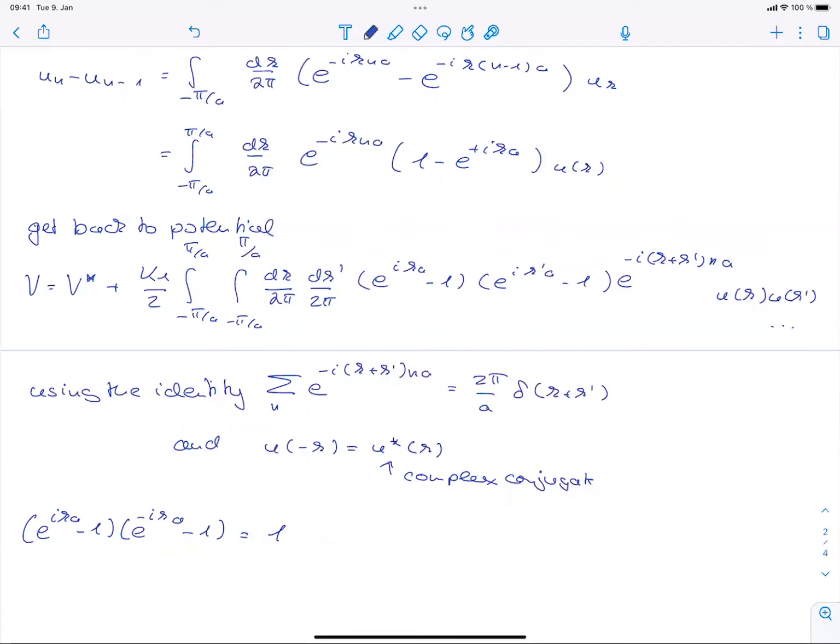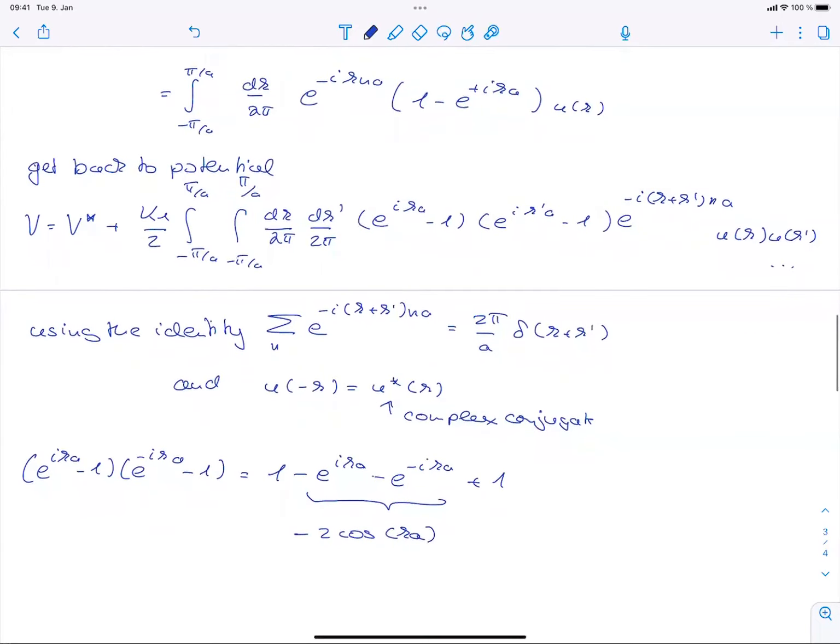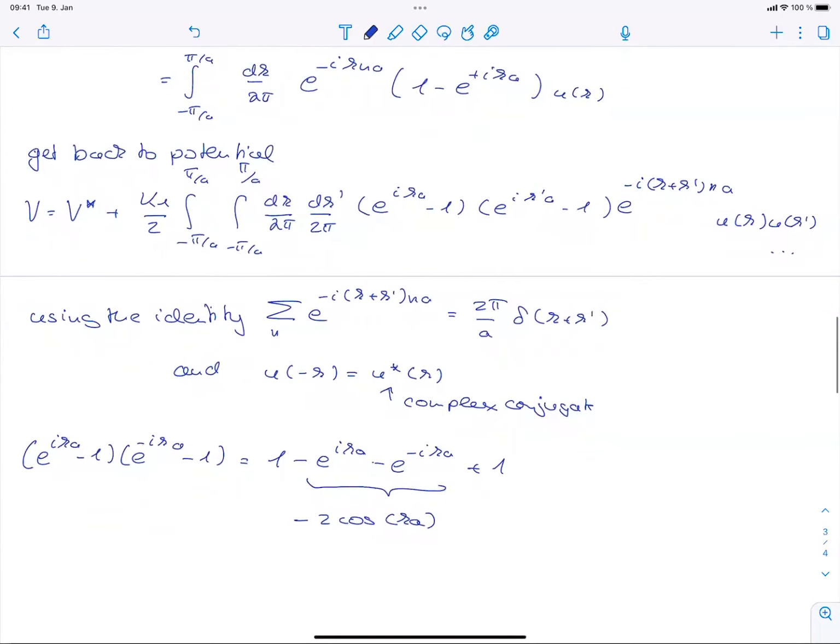So that becomes a 1 plus, oh sorry, minus e to the i k a, another minus e to the minus i k a, and minus times minus is another plus 1. And so what we have written here, we actually know that's just the definition of the cosine, right? So that's 2 minus 2 cosine k a. And then we dealt with all the factors.